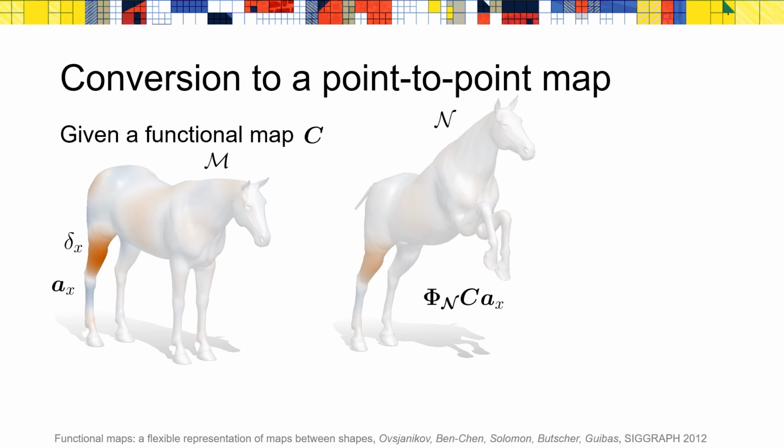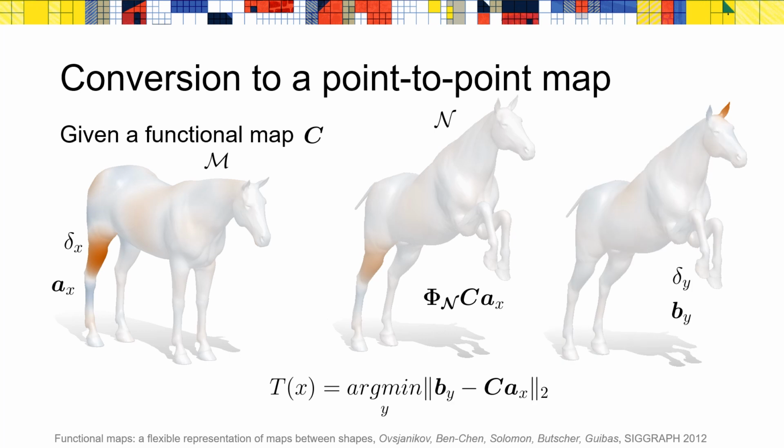Once we have this image through the functional map C, what we can do is compare this image with all the delta functions that can be defined on the shape N. And the corresponding point to the point x can be computed as the point that corresponds to the delta function that minimizes this problem, and we can look at different delta functions defined on the shape N on the right.